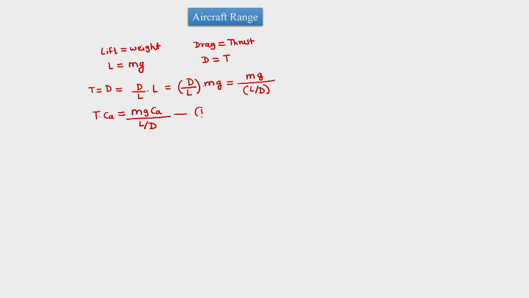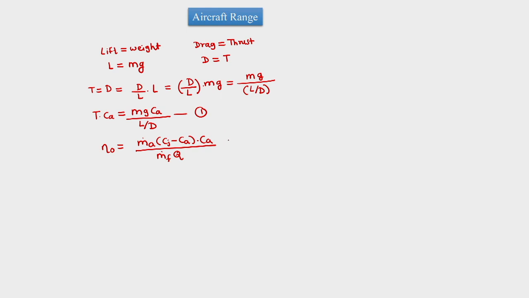Then let us bring the formula for overall efficiency again. We know overall efficiency for the static condition had one formula. However, in general we know it as m dot a into (Cj minus Ca) into Ca, which is the thrust power, divided by m dot f into Q, which is the fuel input energy.